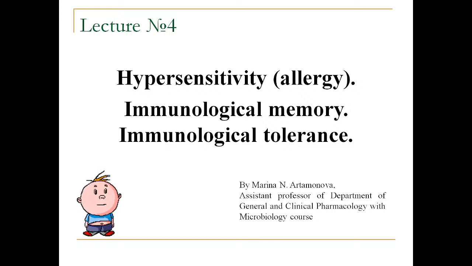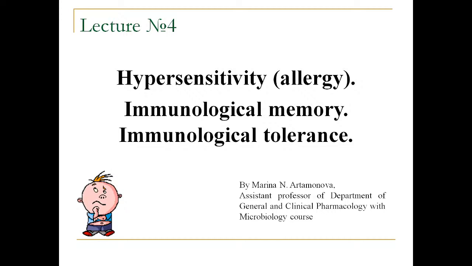Firstly, I want to remind you that in our organism there are some types of immune response. In other words, how our immune system responds to antigen. There are normal types of immune response, for example, phagocytosis, which is activation of phagocytes, antibody production, immunological memory, which we will discuss today.